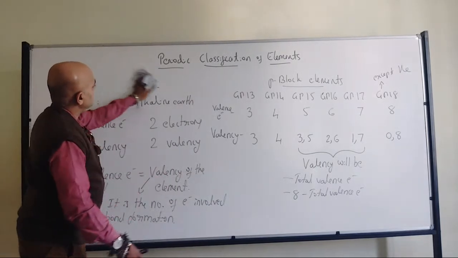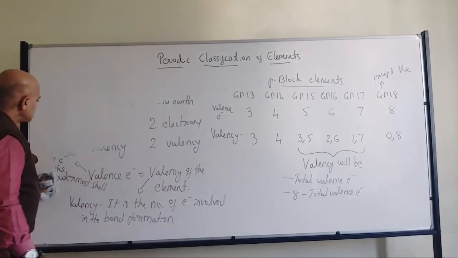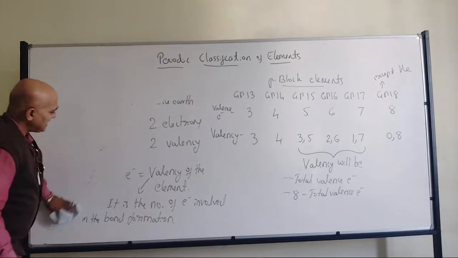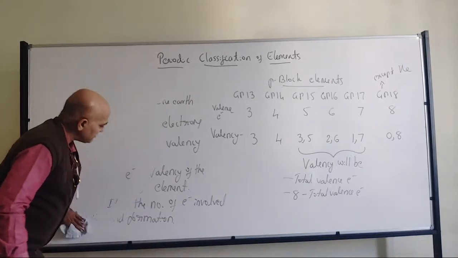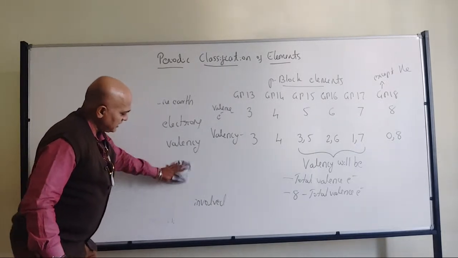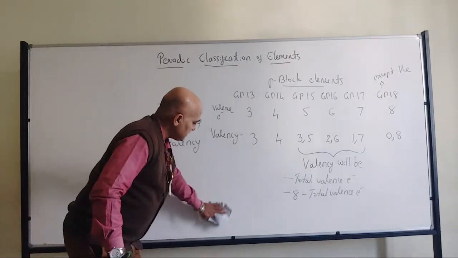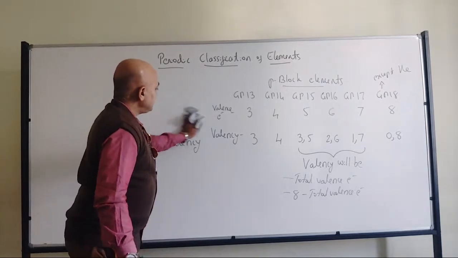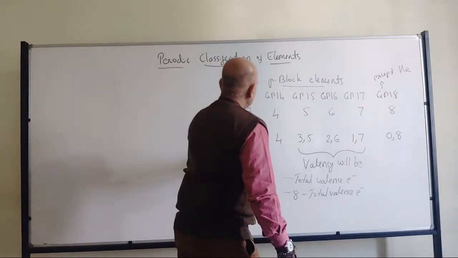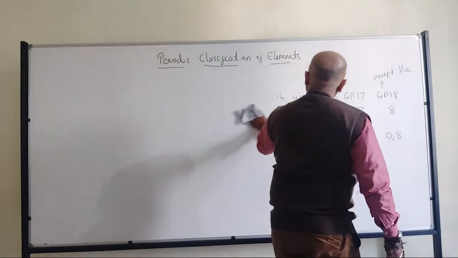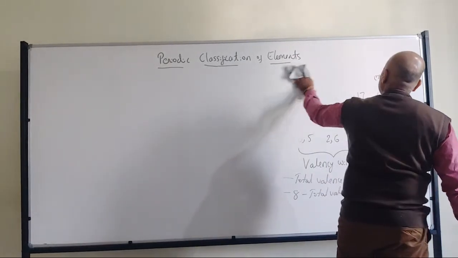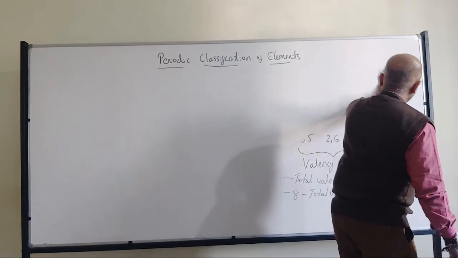So we have understood the difference between valence electron and valency. Then we have seen how valence electron and valency relate to s block and p block elements. Both are representative elements. Here we are not going to discuss transition elements or inner transition elements. We are not going to focus on that.